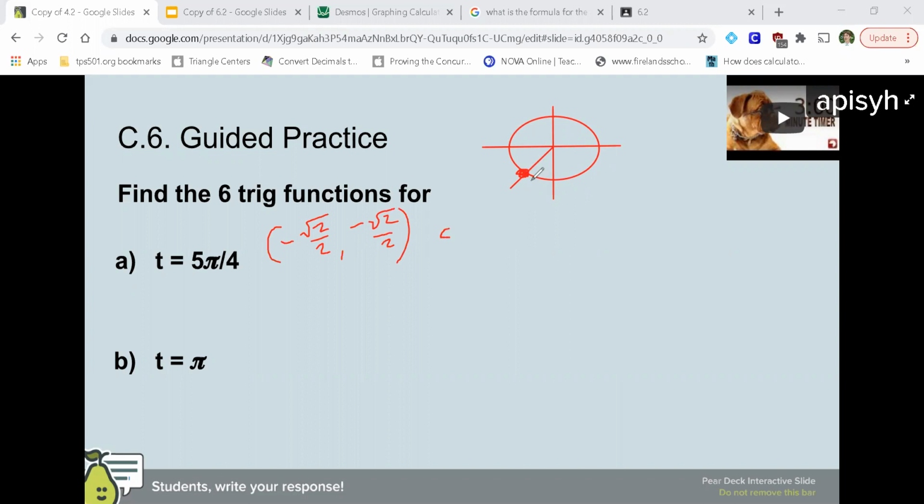So the sine of your angle is just the y value, negative square root of 2 over 2.